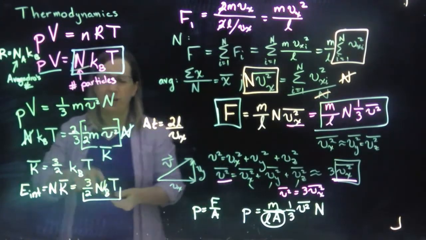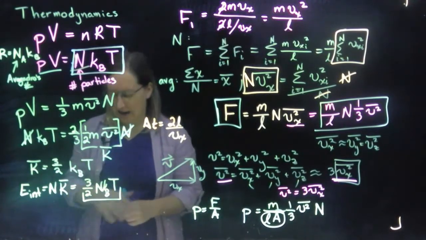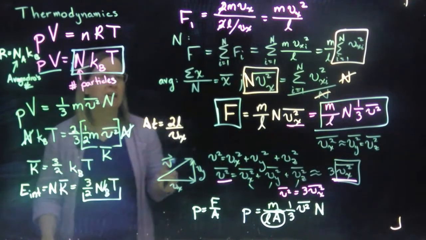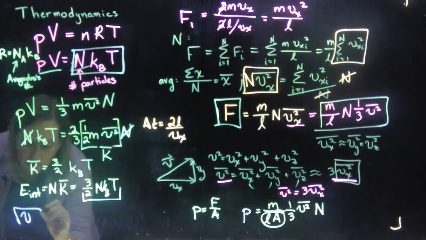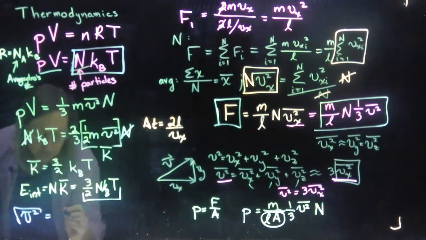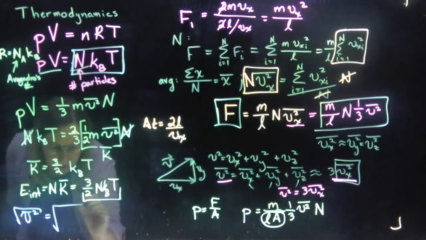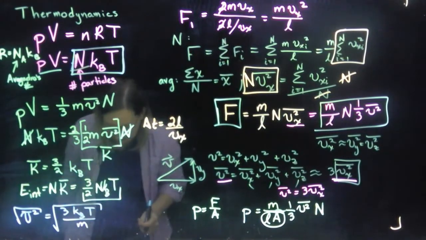If we want to find our average speed, obviously we can go back here and find it that way. So you can have expressions that look like this, called your RMS speed, but basically the square root of your average speed squared is equal to the square root of 3 kB T over m. You can see it like that.